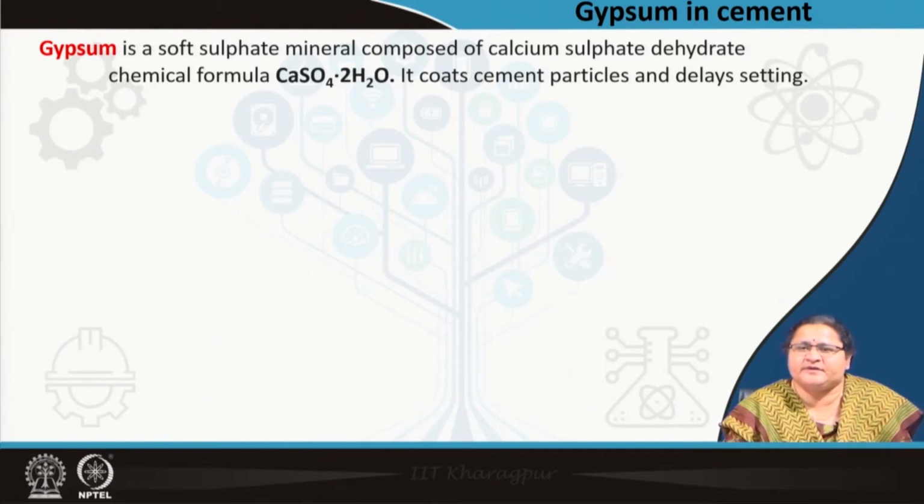are kept aside. Why? We come to the next item, which is gypsum. Gypsum is nothing but a mineral sulfate, calcium sulfate, which has two molecules of water. So, this hydrated calcium sulfate is required to be added to the clinker.